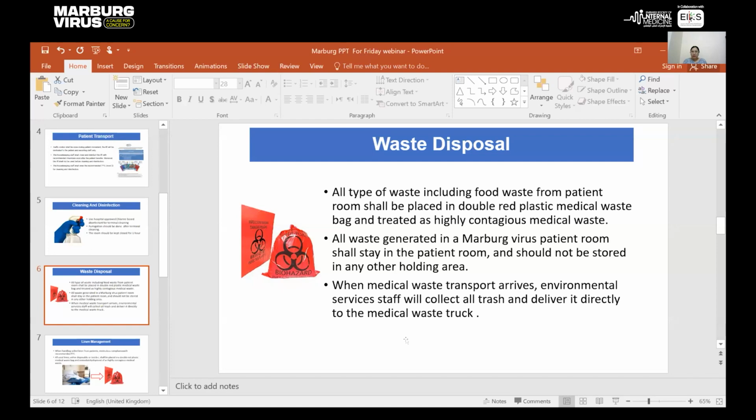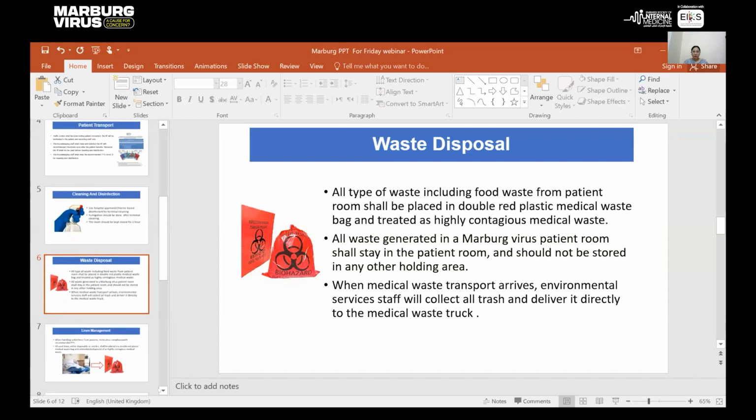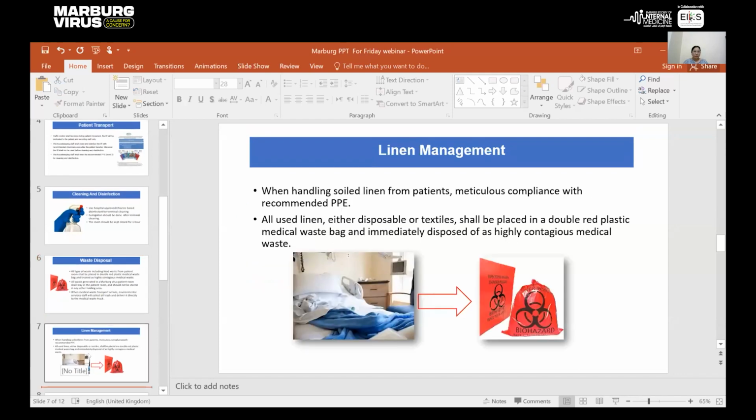When medical waste transport arrives, environmental service staff will collect all the trash and deliver it directly to medical waste truck. But the environmental service should wear the level 3 PPE, which I will show you later.